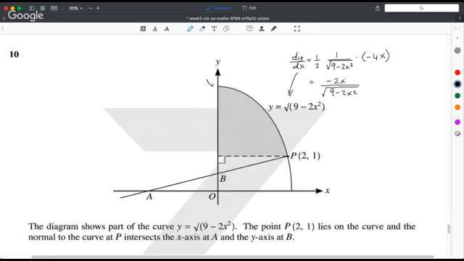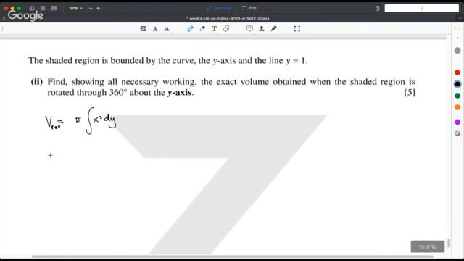So let me find this point first. This point is a point on the curve when x is equal to 0, so y is equal to 3 there. And there's this point, y is equal to 1. So we want to integrate over y. The first thing is to express this equation, y is equal to the square root of 9 minus 2x squared, as x as a function of y.